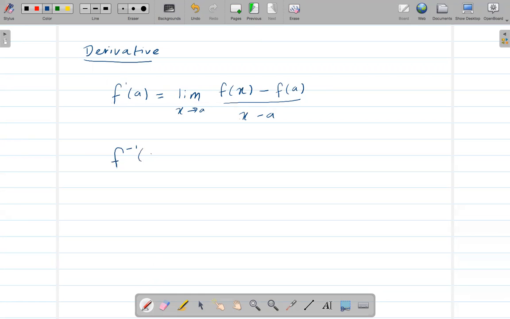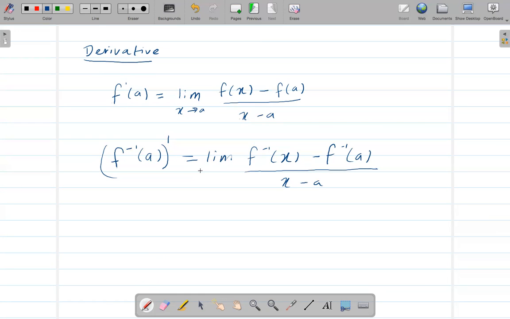Instead of f, we have f inverse, and now we're finding the derivative of this. The way you write the derivative is like this on the top. So it's the same thing: the limit as x goes to a of f inverse of x minus f inverse of a over x minus a. This is just the definition of finding the derivative of inverse functions.